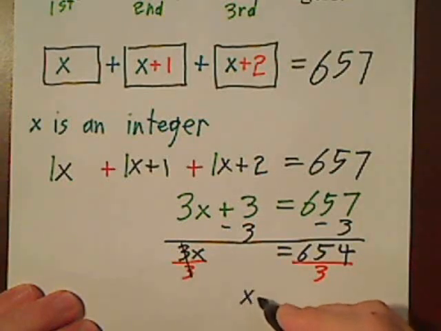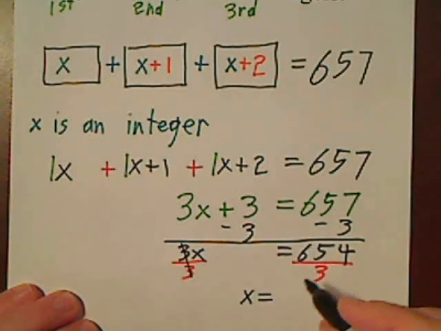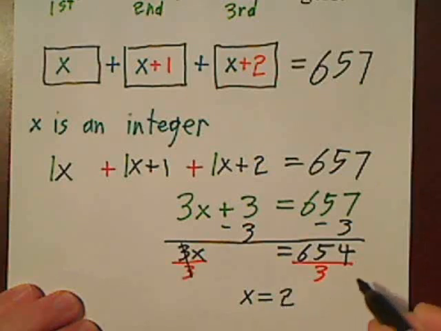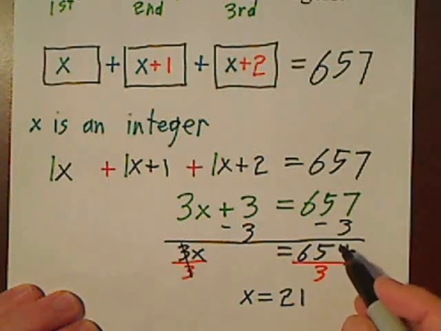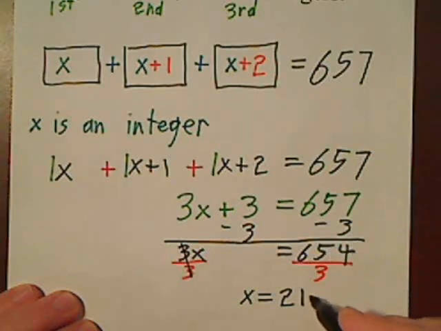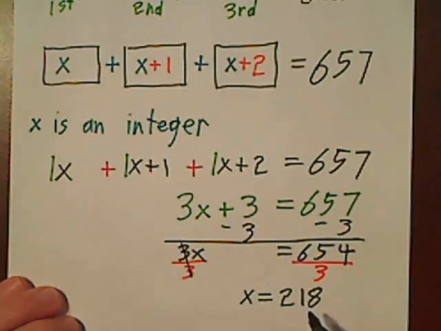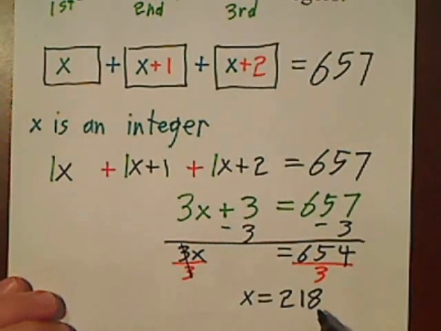And you figure out that x is equal to 218. But you're not finished yet. You figured out that x is equal to 218.